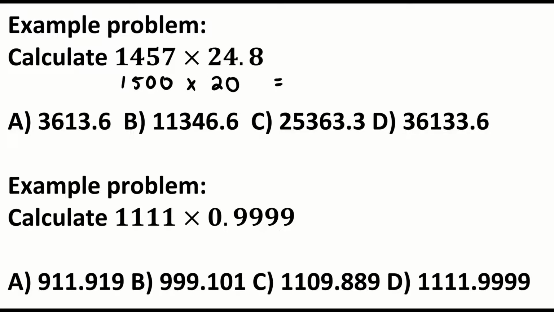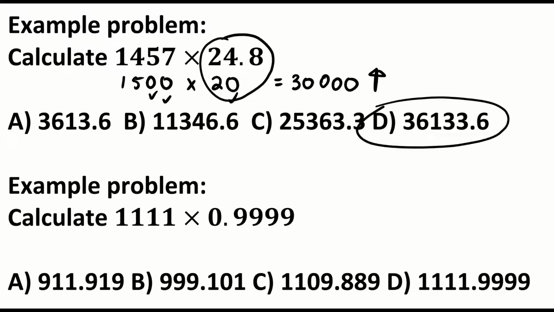So 2 times 15, which is 30, and then count my zeros. I've got 1, 2, 3 zeros. Remember I rounded down a lot here, so my answer should be above 30,000. So I would choose 36,133 as my answer without having to actually do those calculations.